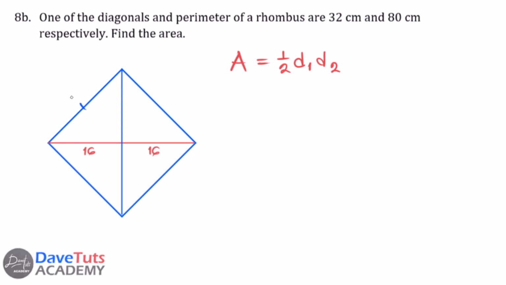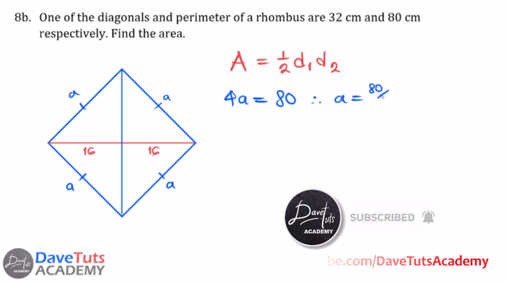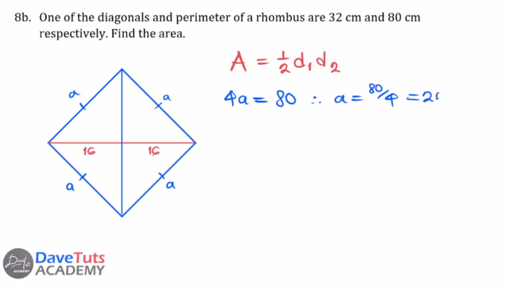So if this is A, then definitely this is also A, this is A, and this is also A. So we have 4A equal to the perimeter of this rhombus, which is 80. In that case, A is going to be 80 over 4, and that is 20 centimeters.